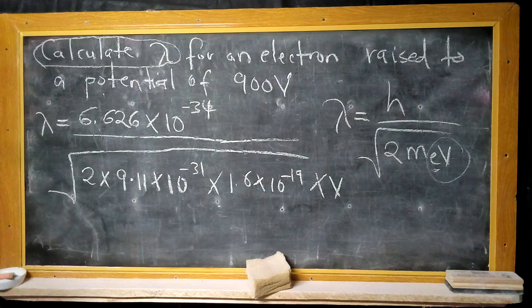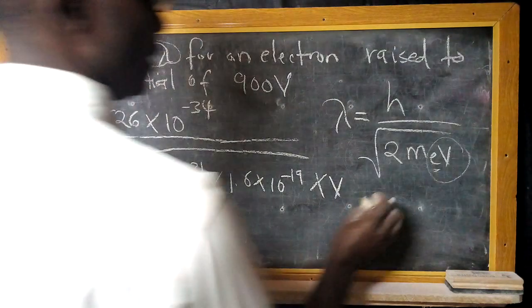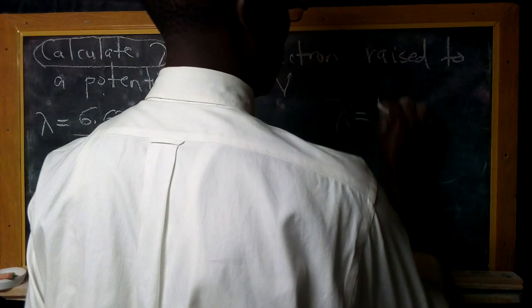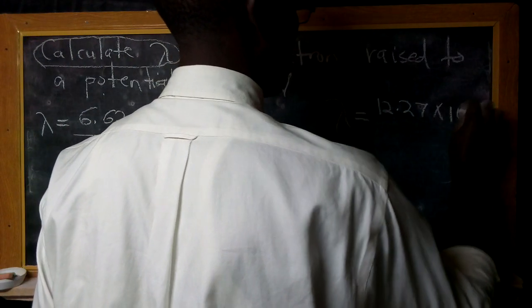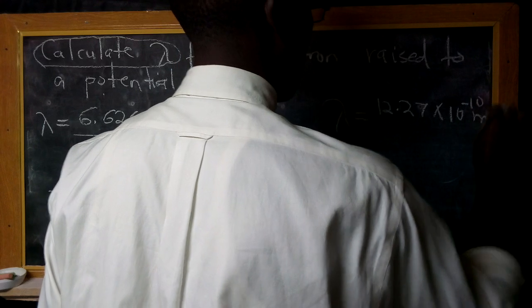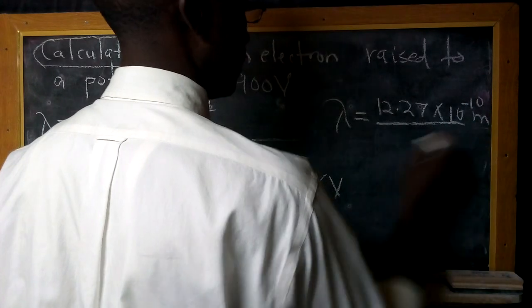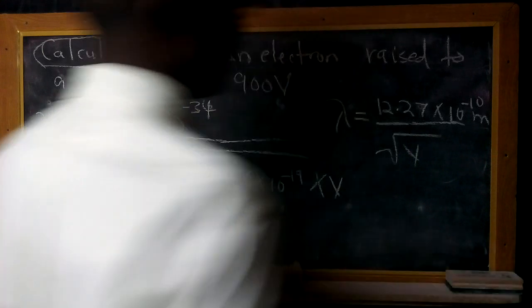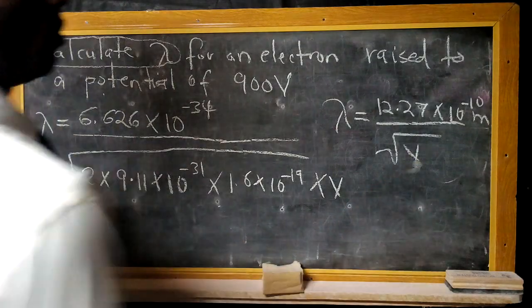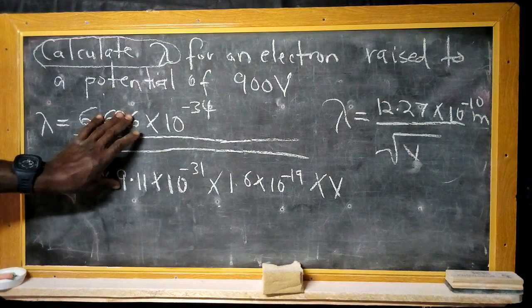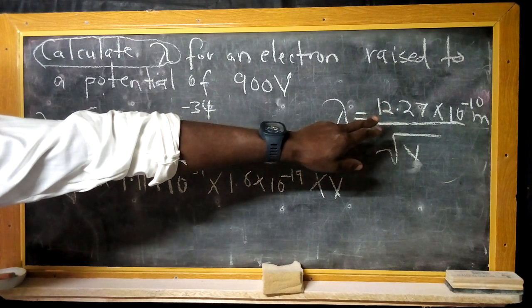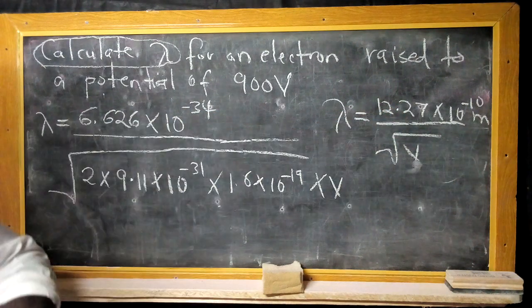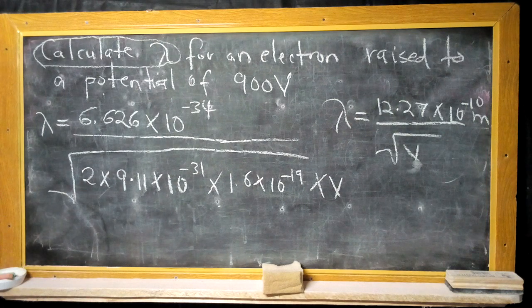Doing our calculation yields lambda as 12.27 times 10 raised to power negative 10 divided by the root of V, in meters.